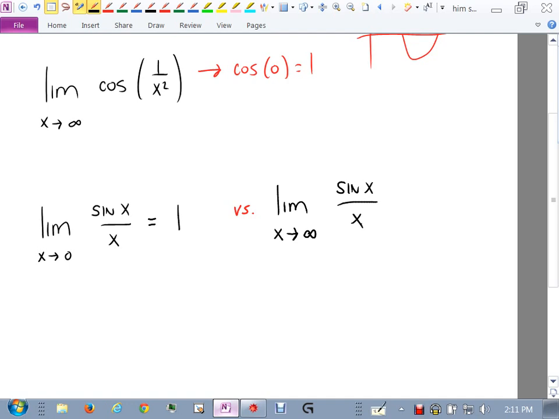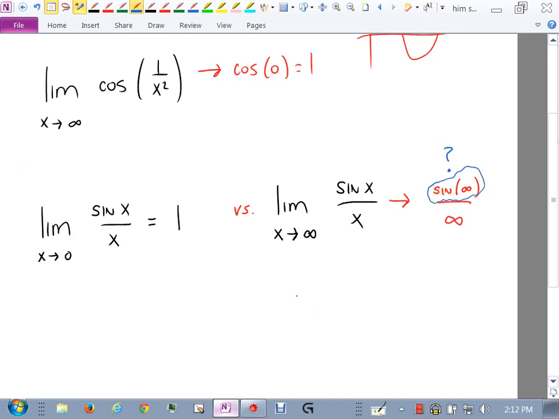Direct substitution. Let's start with the bottom. Where's the bottom headed? Infinity. Okay. The top is headed to sine of infinity? What does that mean? What we're really asking ourselves there is, what is the sine function doing as you go to infinity?